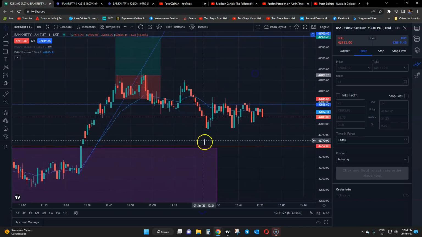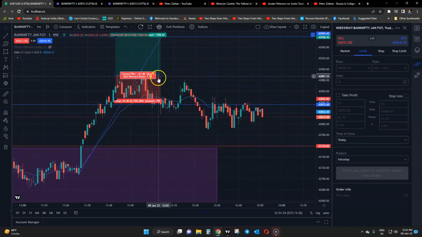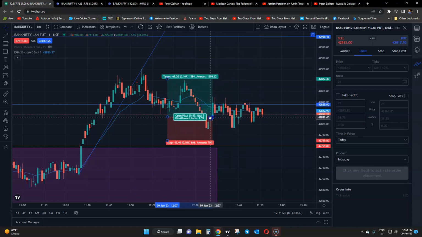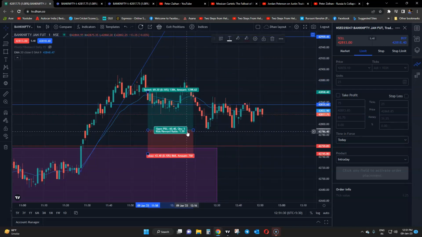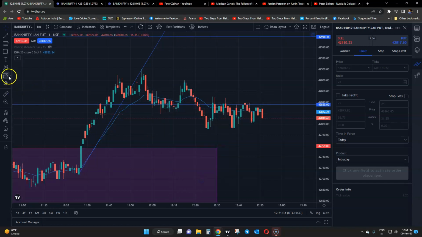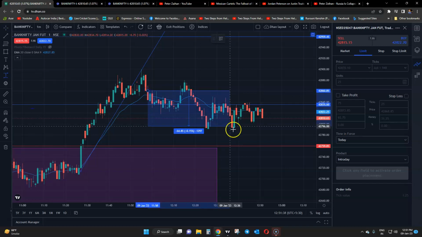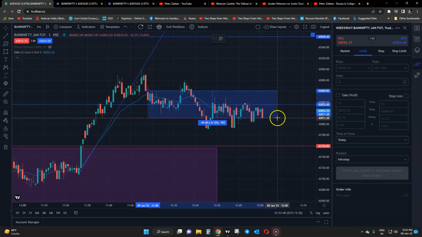See, this would have been a perfect entry for futures. This is where we entered the options contract. This is where we entered. So it'd still be in profit.